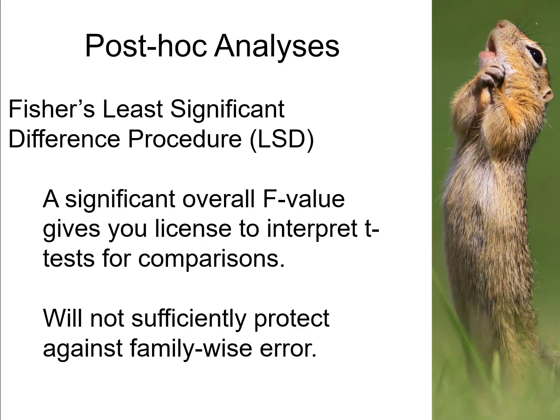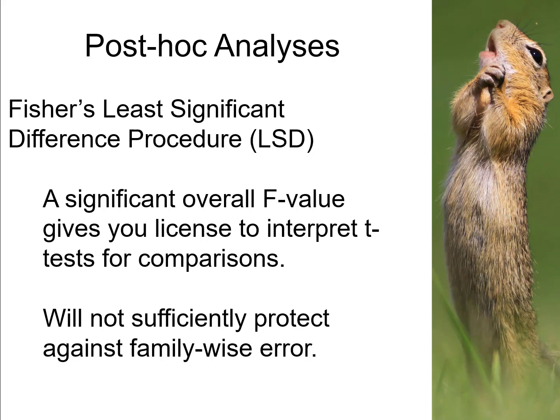If the null hypothesis is true, and that's an important piece, if the null hypothesis is true for all of our analyses, we want to hold the probability of incorrectly claiming something is significant at 5% for the entire set of analyses we are doing.